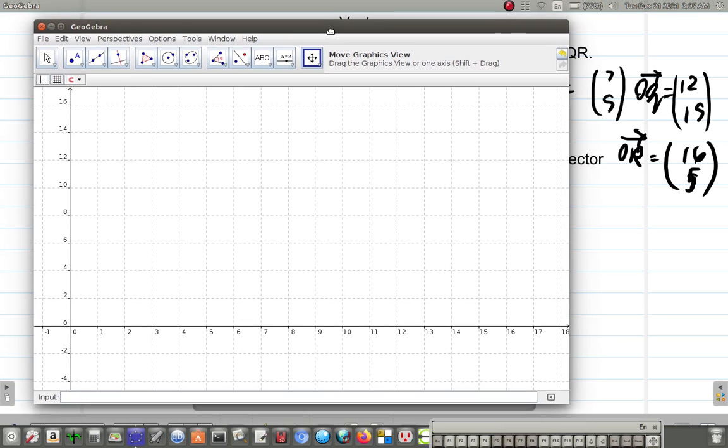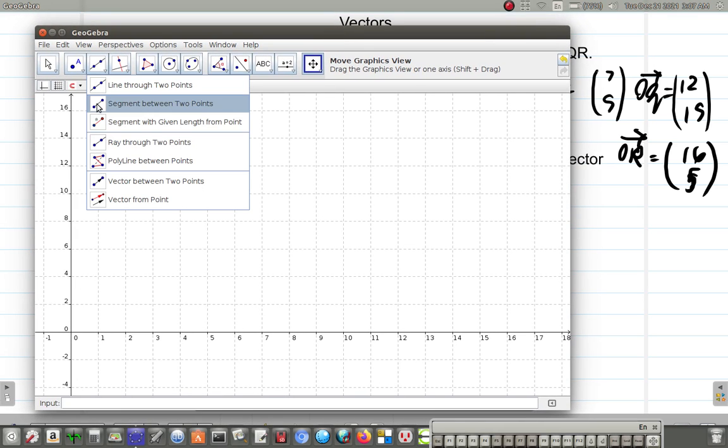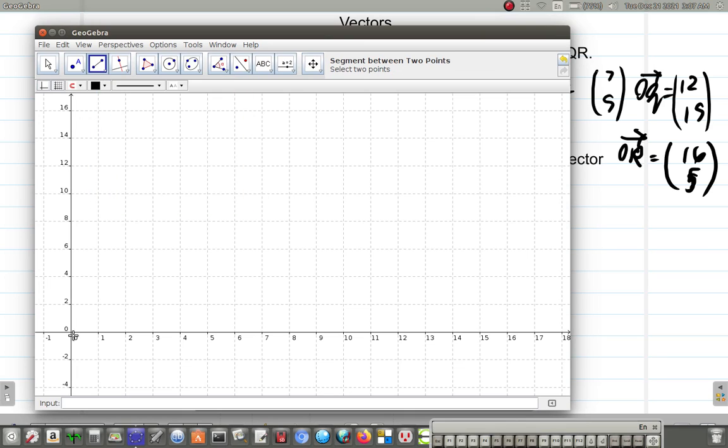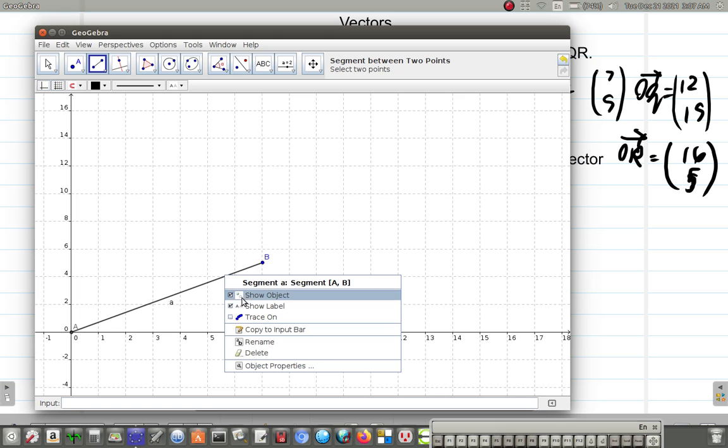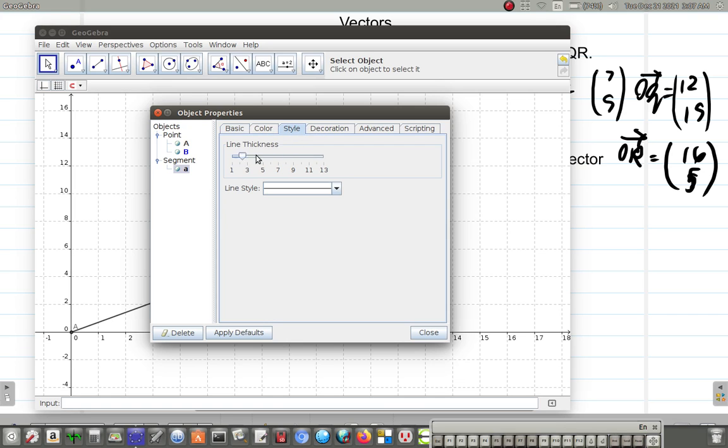OP is 7, 5. We're going to put in a line. OP, O is the origin, and it goes to 7 horizontally in the x direction and 5 in the y direction, which is here. I'm going to make my OP thicker than it is here.